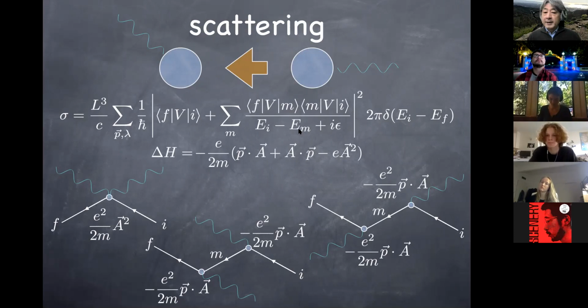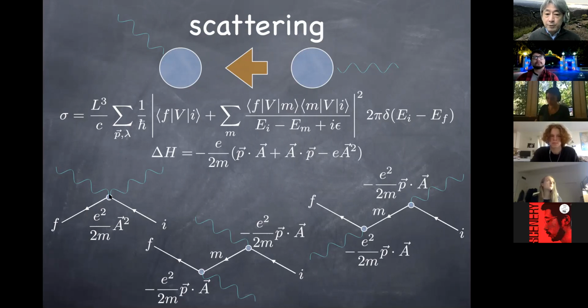So you really need to think about what order is needed, but you can do so just by knowing that this blob can either annihilate a photon and create a photon with electrons coming in and out. So that's one way. Or you can have an electron coming in, emit 2 photons into a final state electron. Or you can annihilate 2 photons for the electron into a final state electron.